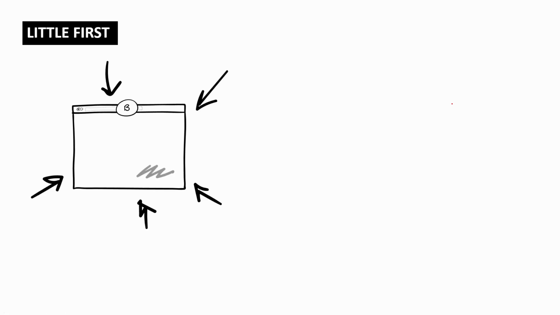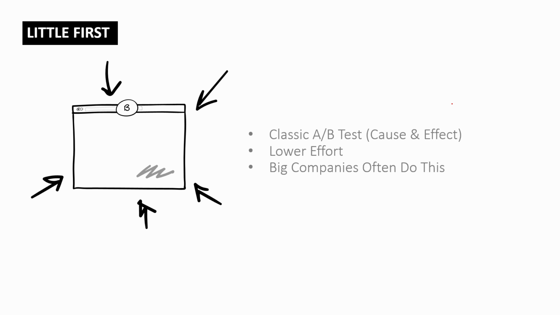I think there's a tendency to go with little, controlled experiments first when we plan what we want to optimize. Some of the reasons why: it's a classic A/B test setup, a classic randomized control trial, and that helps us get closer to the cause and effect of a single little change.